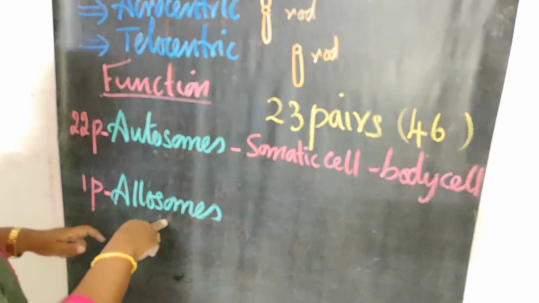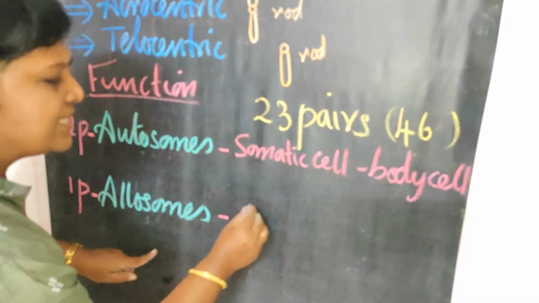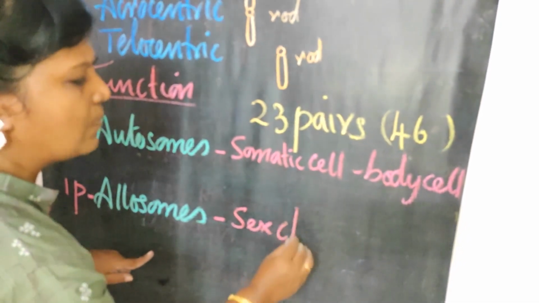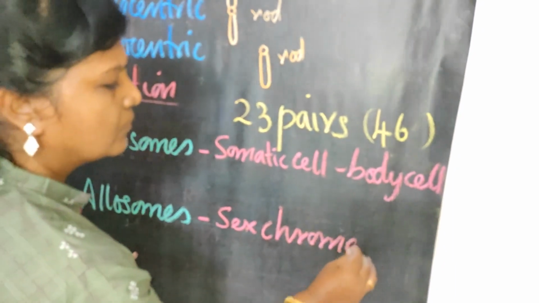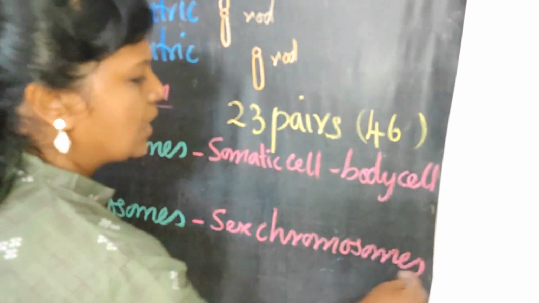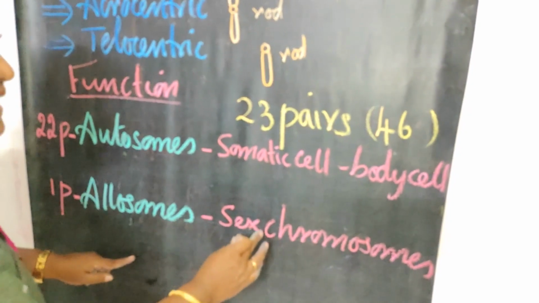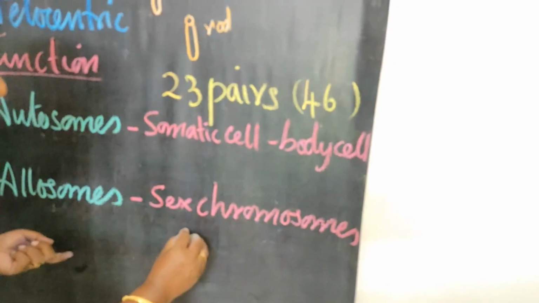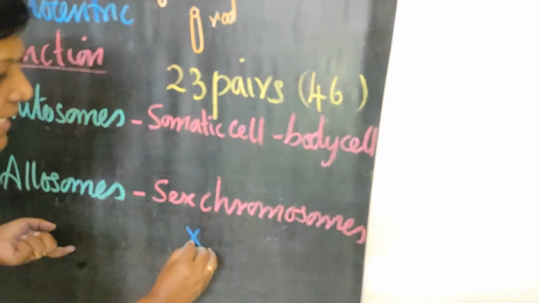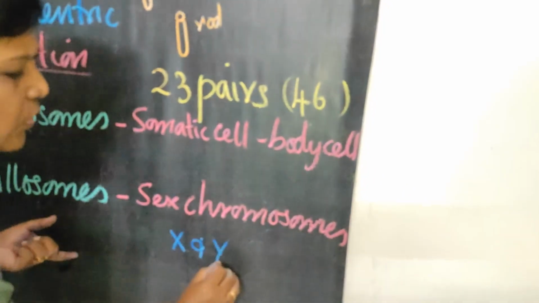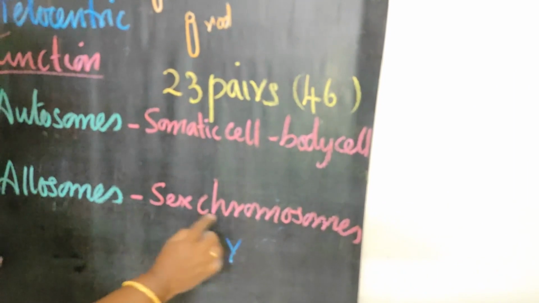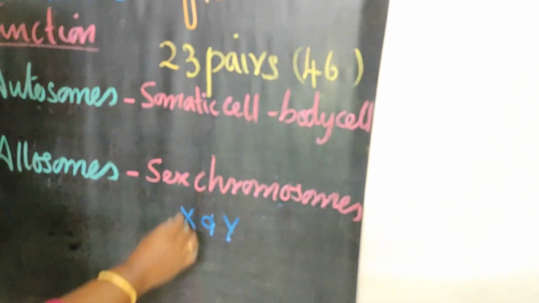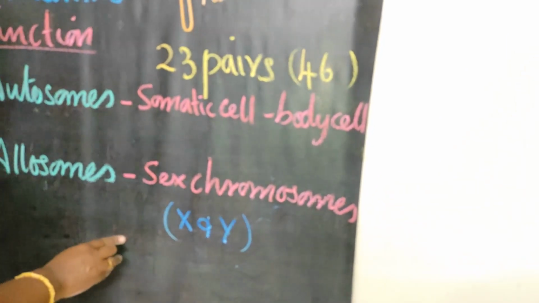And these allosomes are said to be sex chromosomes. And there are two types of sex chromosomes. They are X chromosomes and Y chromosomes.